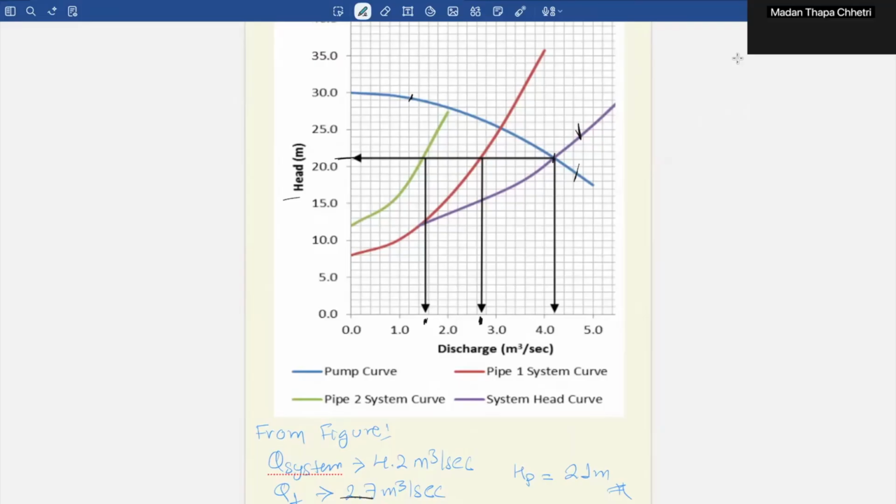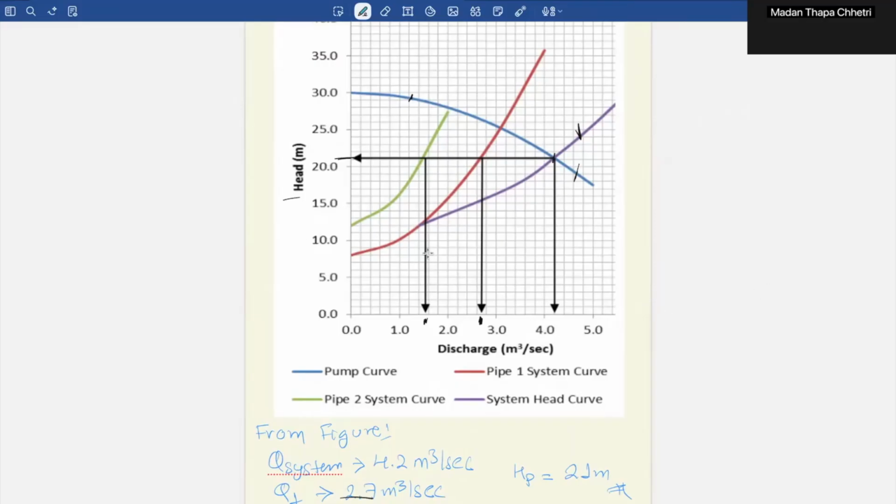We need to think about whether the pipeline system is in series or parallel, whether we need to consider the minor head loss or not, and we also need to distinguish between Darcy-Weisbach and Hazen-Williams, because they have two different formulas for computing the friction loss. We also need to take care of the equivalent pipes.